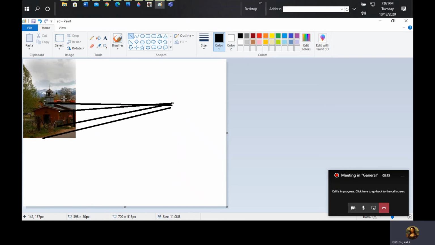Okay, so now that I know that goes there, I'm even guessing the top of the steeple is going to a vanishing point. This one may have a vanishing point going this direction. So it is 2 point perspective because of the angle the photograph was taken. All right, and then the top of the roof then.